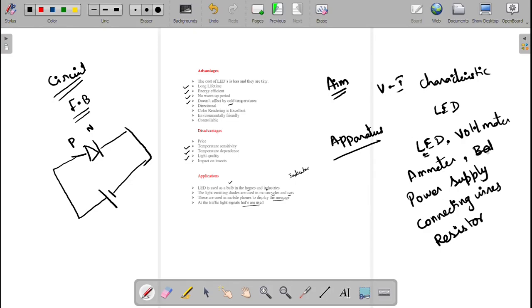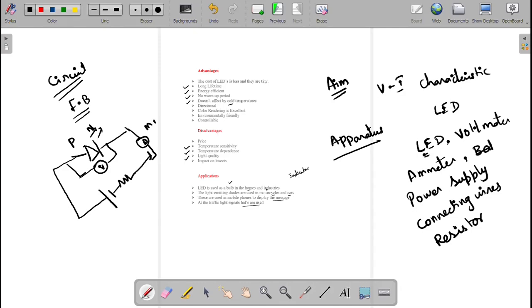In this, the voltmeter is always parallel to the PN junction, that is the LED. The LED symbol means light should come out. So the voltmeter should be connected parallel to the PN junction, that is the LED, and the ammeter and resistor should be in series. So now you see in this place: resistor, ammeter.